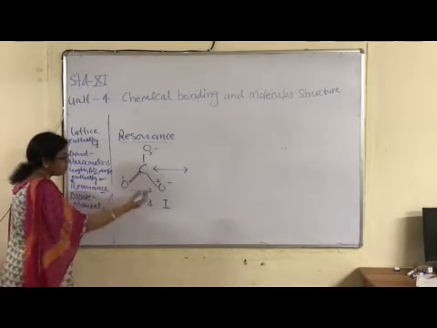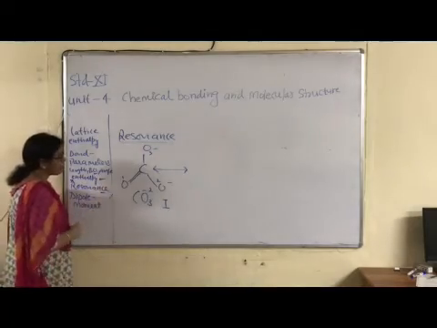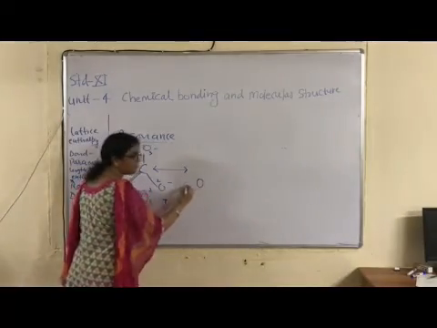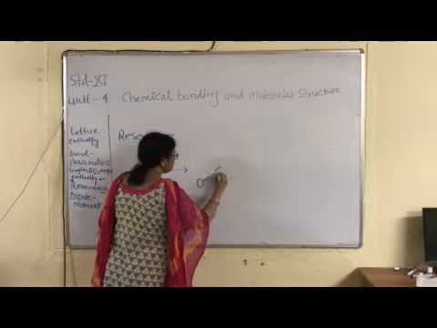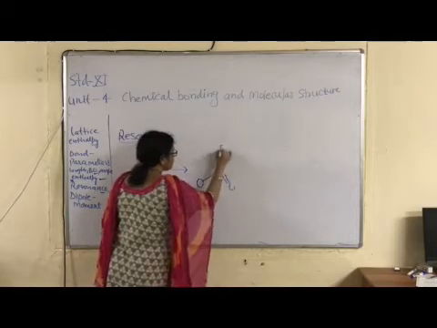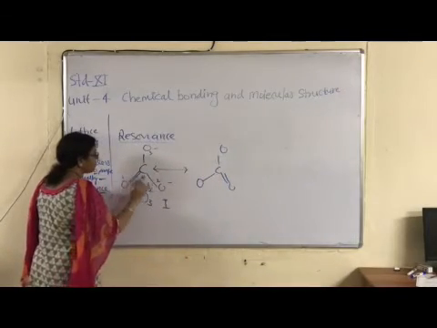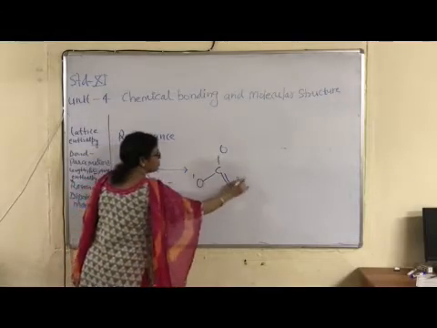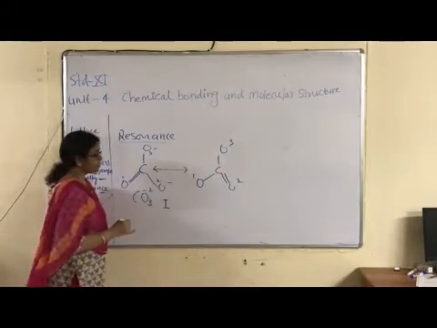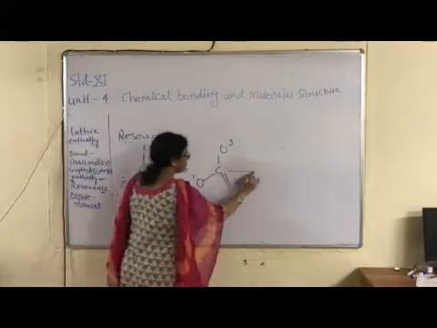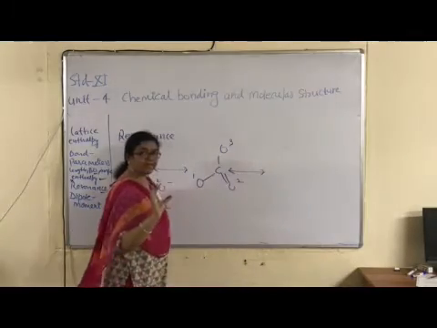What is the new structure? Next, resonance hybrid, new position of the double bond. Like this. Same numbering 1, 2, 3. 1, 2 and 3. Right? One more resonance hybrid is possible.